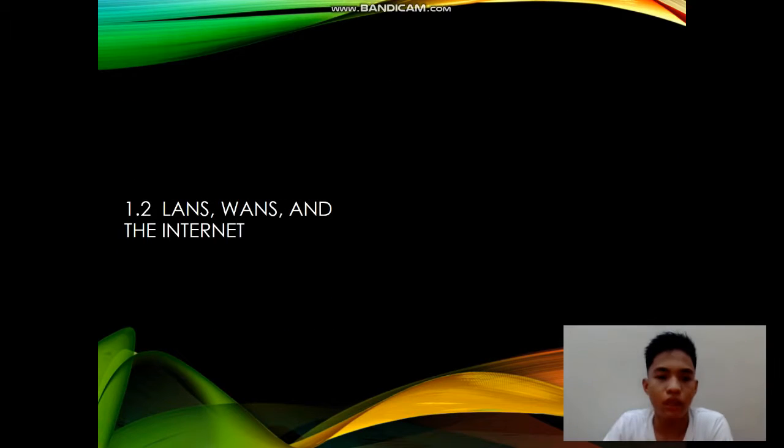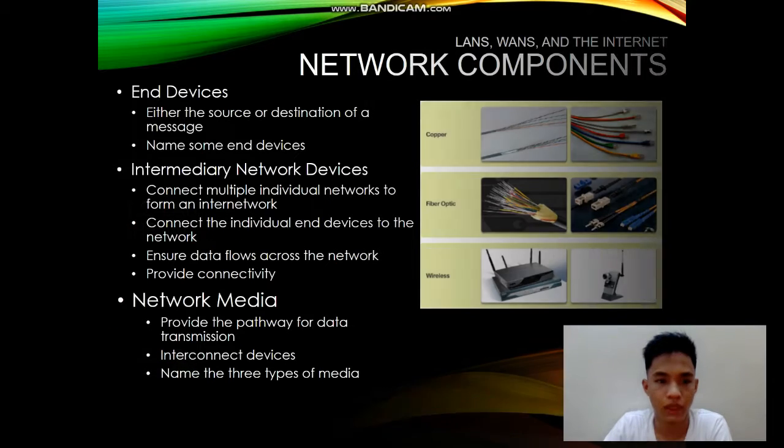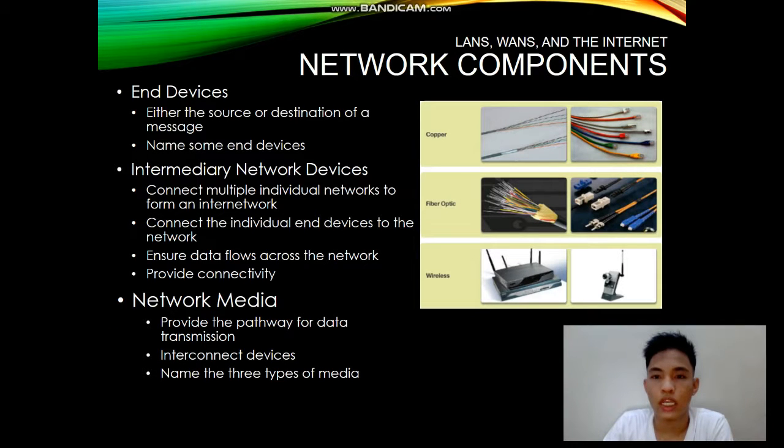Section 1.2, LANs, WANs, and the Internet. Network components and devices. End devices are either the source or destination of a message. Intermediary network devices connect multiple individual networks to form an internetwork, connect the individual end devices to the network, ensure data flows across the network, and provide connectivity.